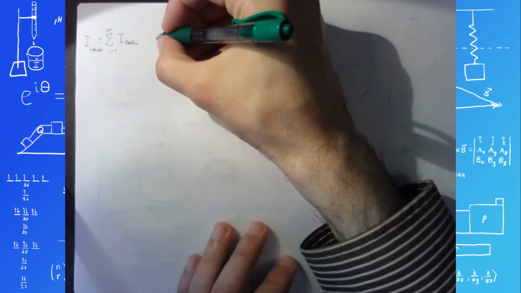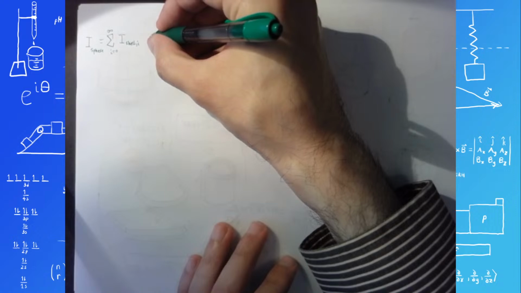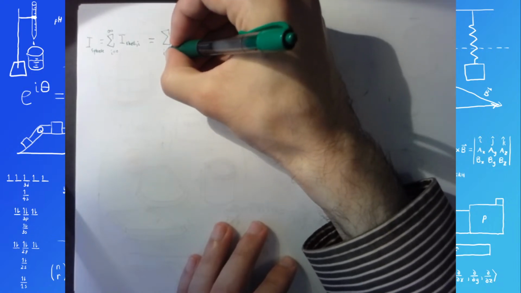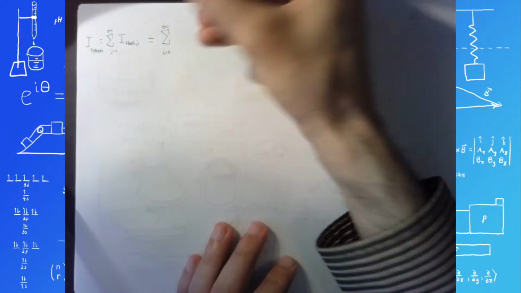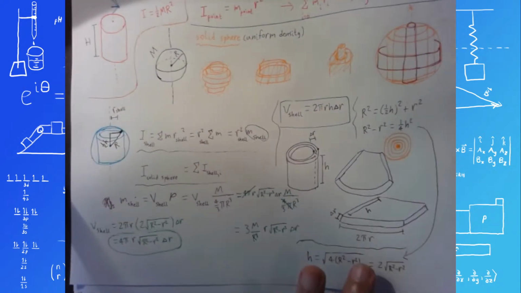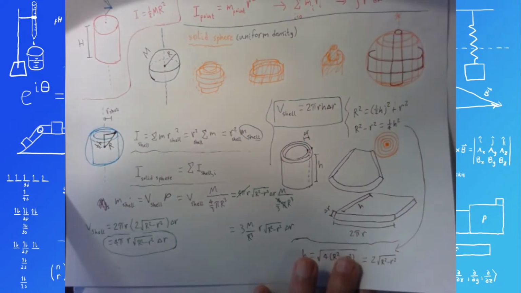And the moment of inertia of an individual shell is equal to the mass of that shell times the radius of that shell squared.